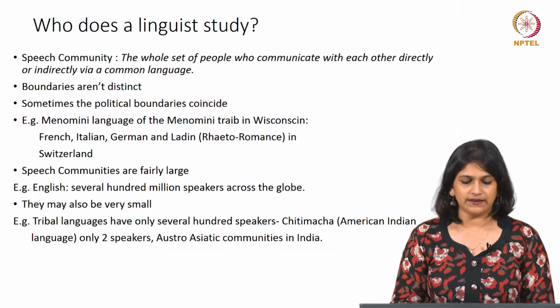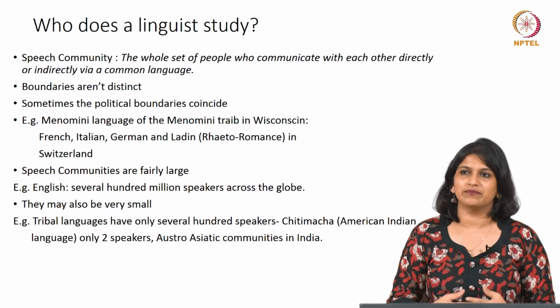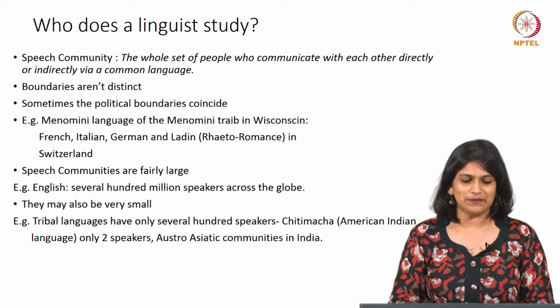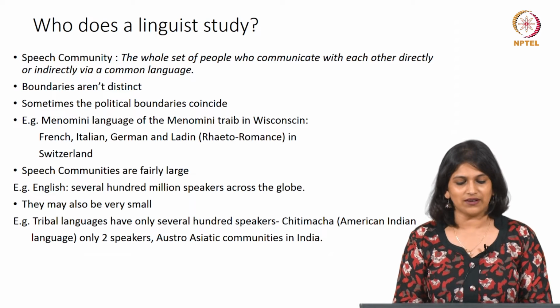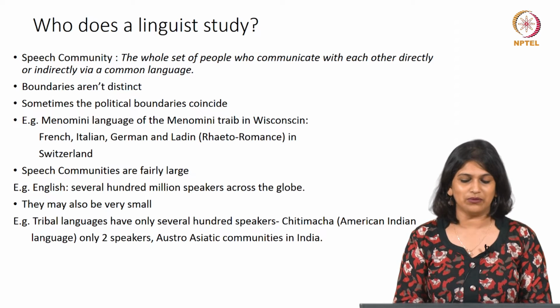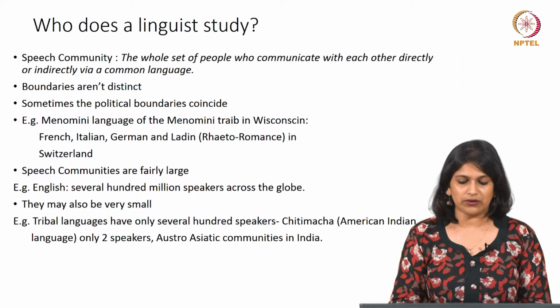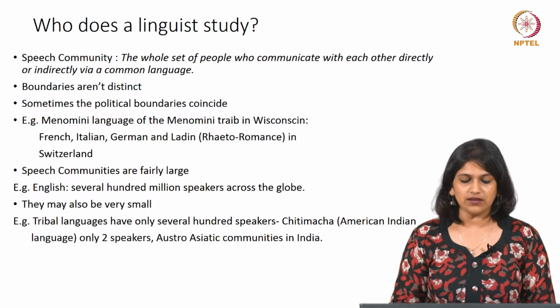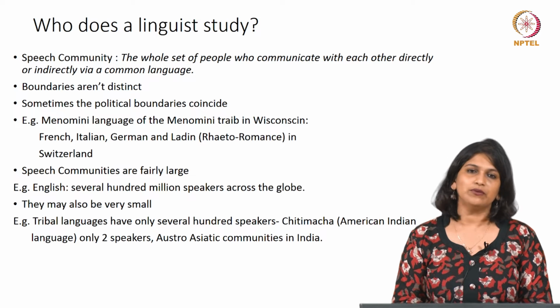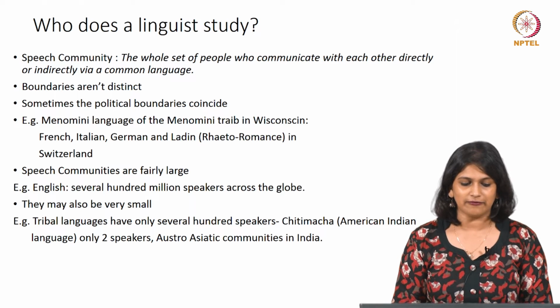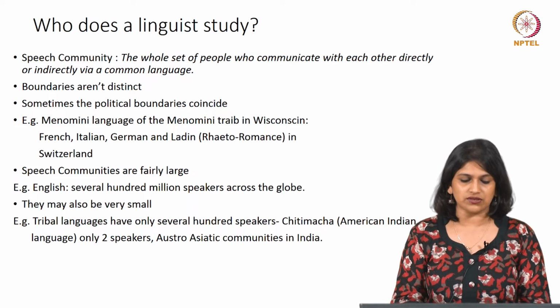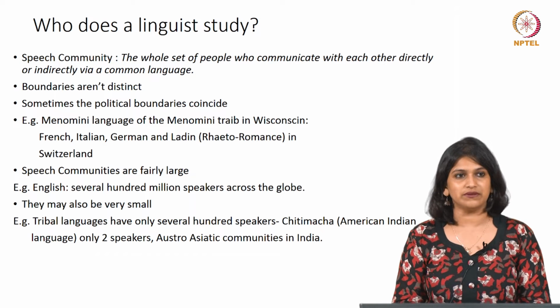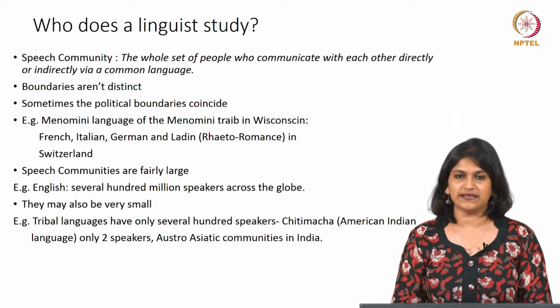Sometimes this boundary also becomes a political boundary. For example, there is the Menominee language. The Menominee speech community is the community of the Menominee tribe, who are primarily found in Wisconsin, but the Menominee tribe are also found in the French, Italian, German, and Latin speech communities in Switzerland.